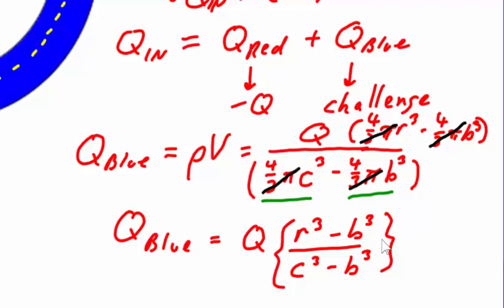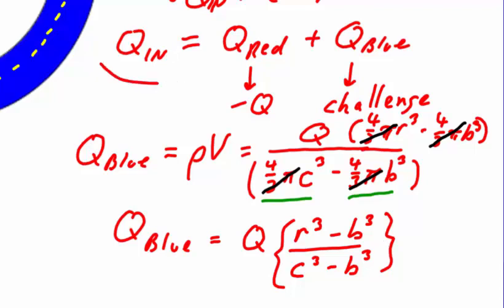Boom! No charge inside. If, in addition to that, we consider what happens when r equals c, then we're going to find that we will have c cubed minus b cubed divided by c cubed minus b cubed for a factor of 1, so Q blue would be all the charge. These are exactly correct for the two limits on how much charge is contained by our Gaussian surface.